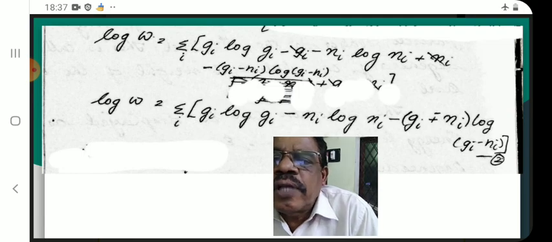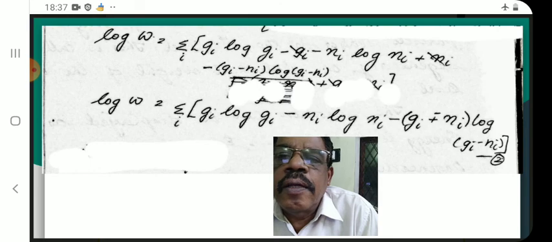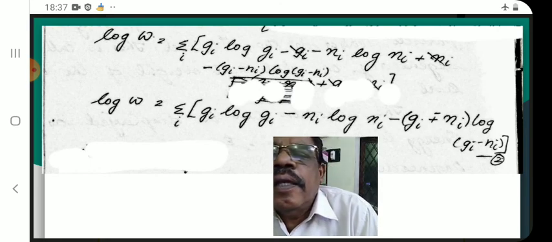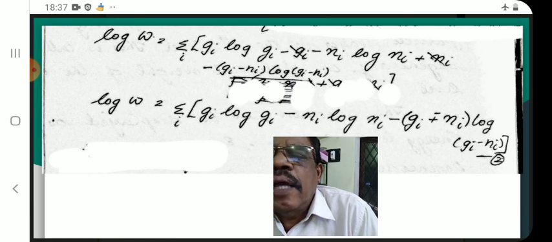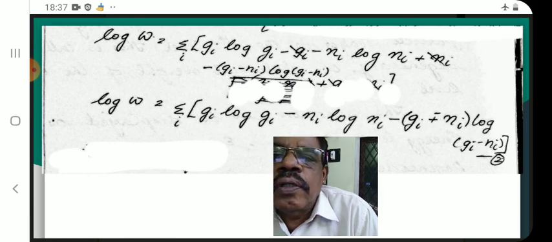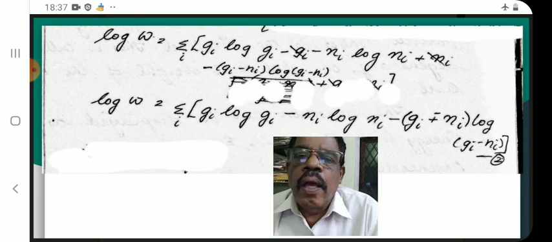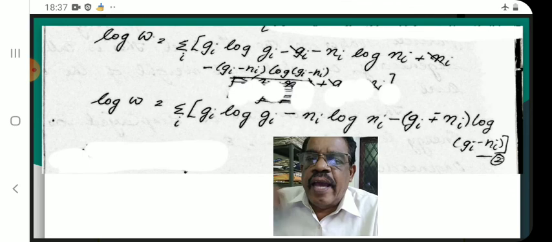That step you understand. In the above step, Ni and minus Ni will cancel. We write log W is equal to sigma i of Gi log Gi minus Ni log Ni minus (Gi minus Ni) log (Gi minus Ni), equation number 2.